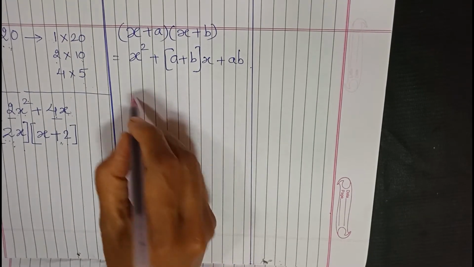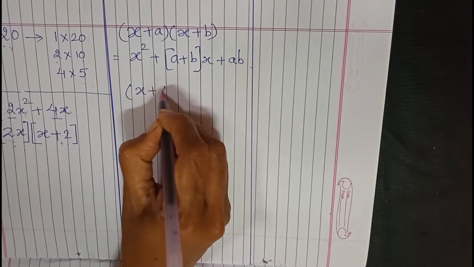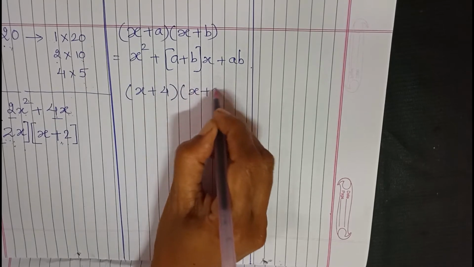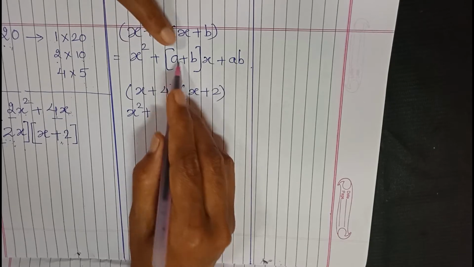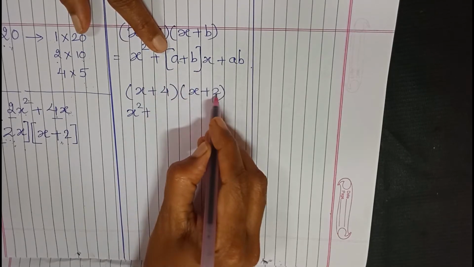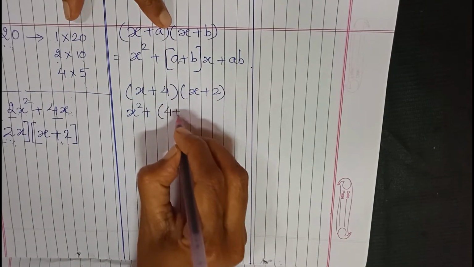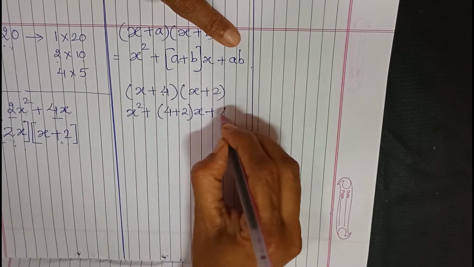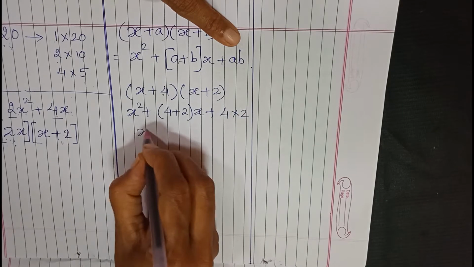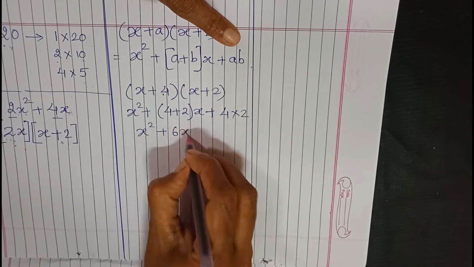Now, let's take an example. Let us say I have x plus 4 and x plus 2. Now, how do we expand this? Using x square plus a plus b into x, where a is 4 and b is 2. So 4 plus 2 into x and last is a into b, which is nothing but 4 into 2.